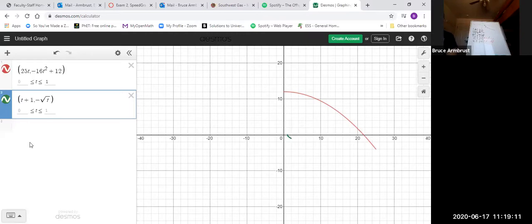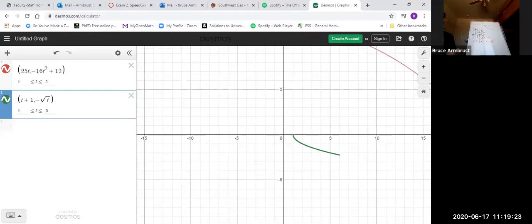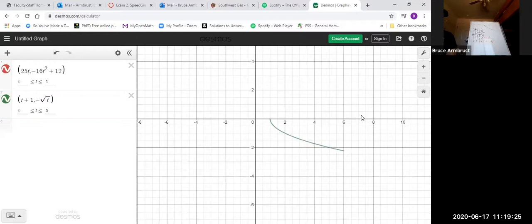Let me make it a little bit bigger. Let's go to at least 5 because we did 0 to 4. All right, but there's our graph for our t values 0 to 5. If I zoom in a little bit, yeah, it's not looking too different than what we drew. And obviously, if I had gone further in my t values, I could have seen more. But there it is.